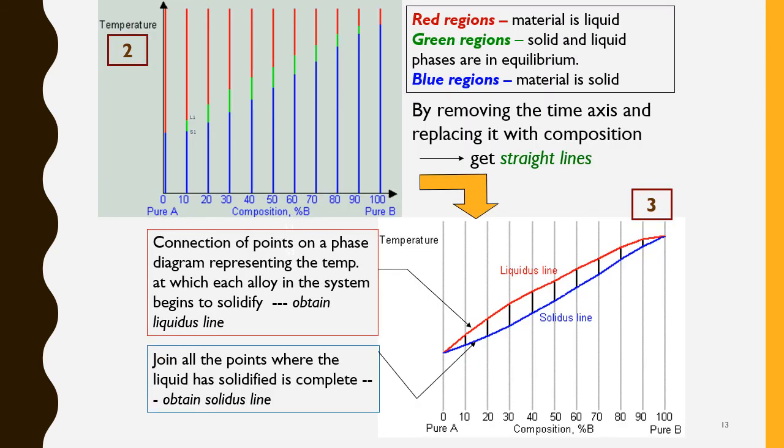Okay, and we also know that above the liquidus line is the red region, where the material is liquid, and the green region, where the material is a combination of liquid plus solid, and lastly the blue region, where the material is solid.